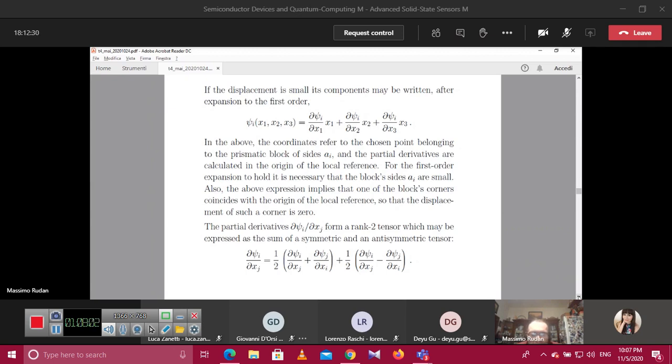Okay, now you can see that all these derivatives, if we move all indices from 1 to 3, form a tensor because we have one index attached to psi that goes from 1 to 3 and another index attached to the coordinate that also goes from 1 to 3.